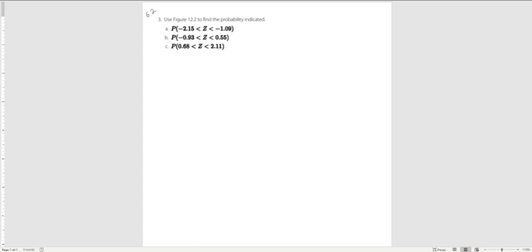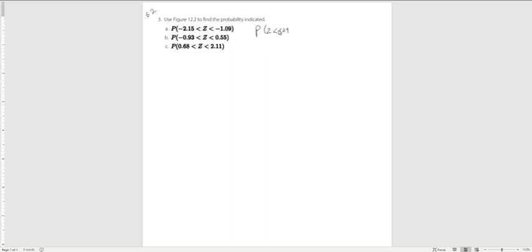Looking at this, we're looking at what's the probability that minus 2.15 is less than z, which is less than 1.09. In this case, what we've been doing is looking at the probability that z is less than 1.09, and subtracting from that, z is less than minus 2.15, and what remains is what's in between those two.